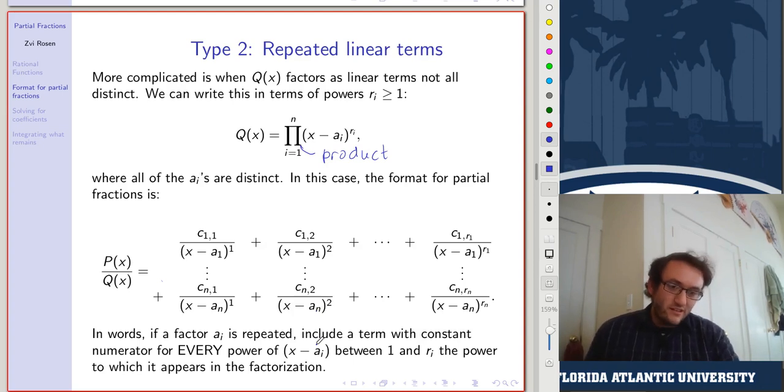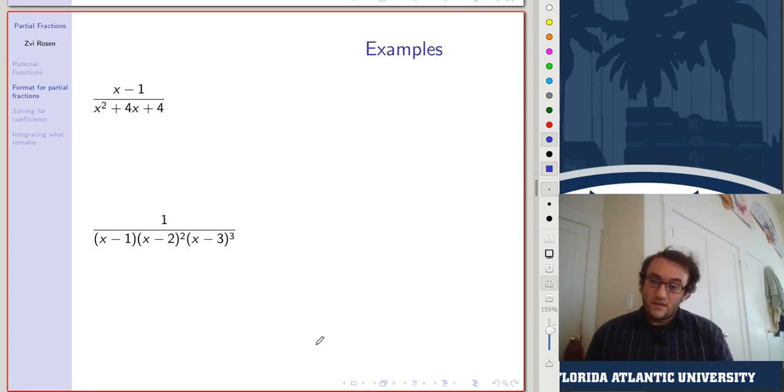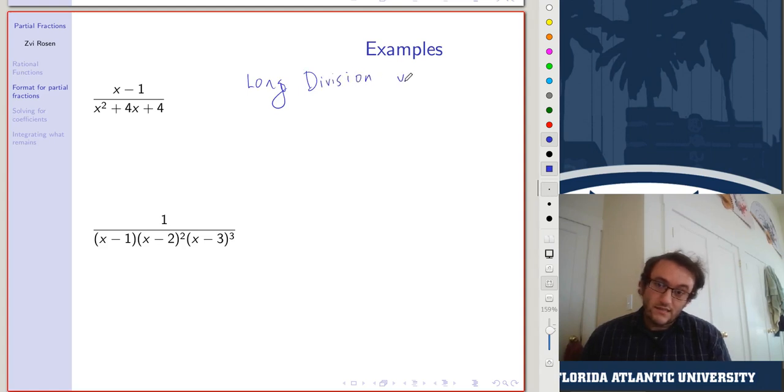Okay, so that might be a little abstract right now, but let's see it in an example to clarify. So here we have x minus 1 divided by x squared plus 4x plus 4. Let's factor, again, long division is unnecessary.